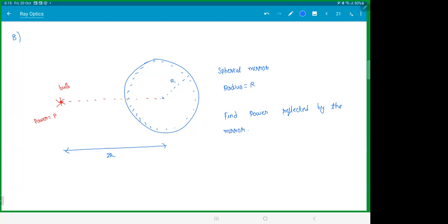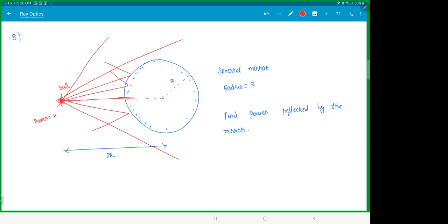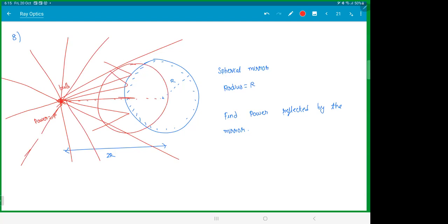Let's see how will you do this. This light ray will go like this, like this. Some will not touch at all, some will go like this. So the question is, how much power is getting reflected from the mirror?